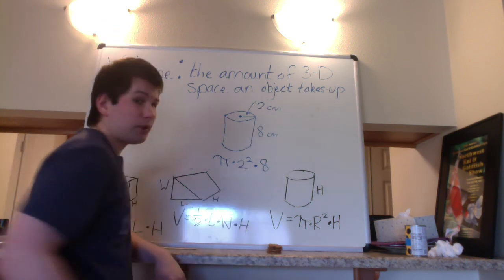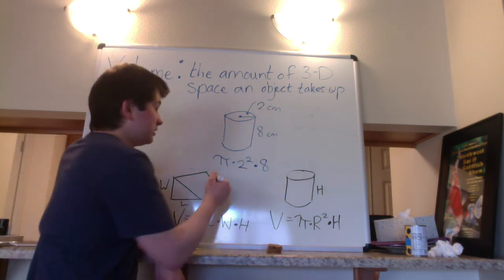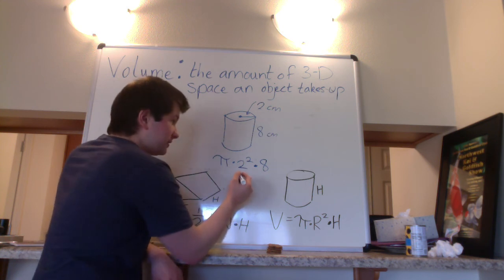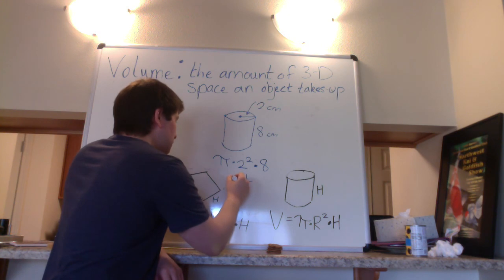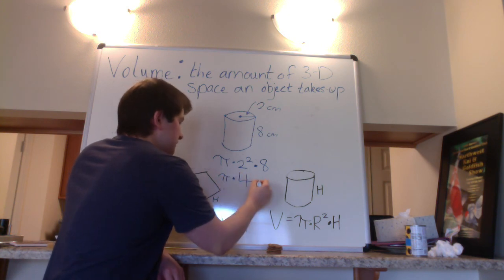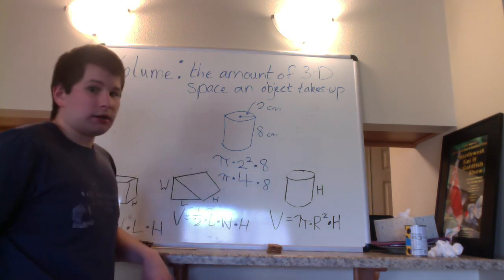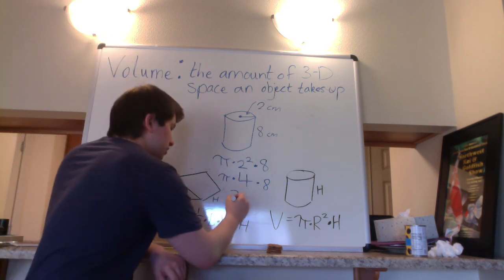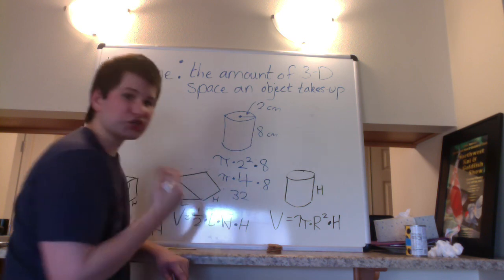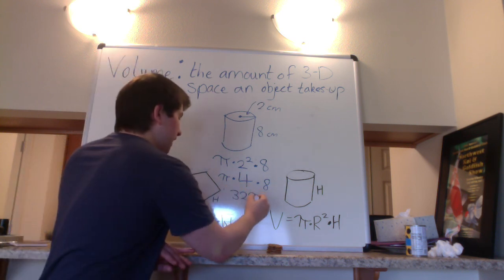So 2 squared is going to be 2 2's multiplied together, or 2 times 2. So that's 4 times 8. Now from here, we can do 4 times 8, and that gets us 32. And you can just go ahead and do 32 pi.